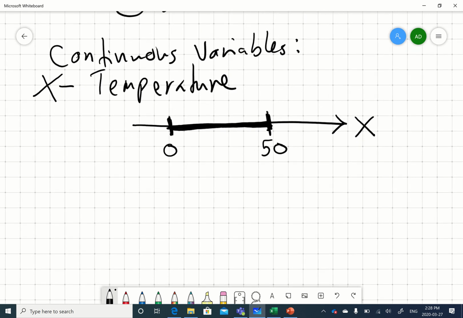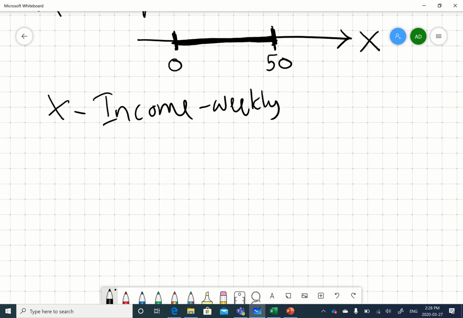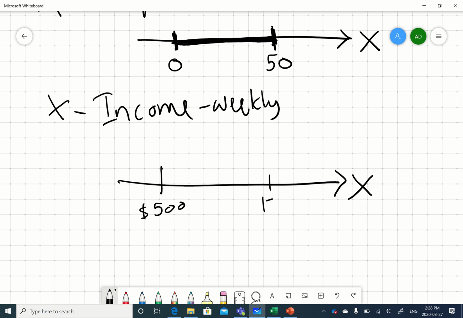So it's continuous. And if you think about your variable being income, let's say weekly income of an employee, that variable can be, let's say, $500 to $1,500. Any point between these two is a possible value, right? So it's continuous.